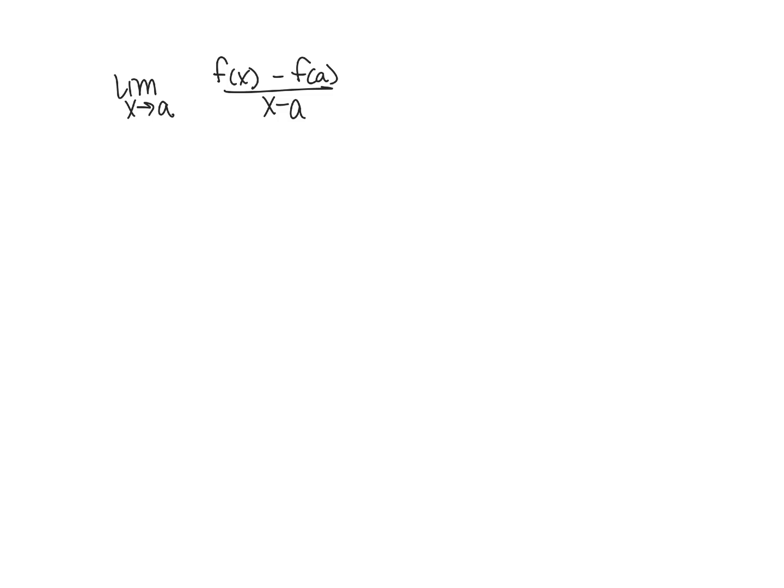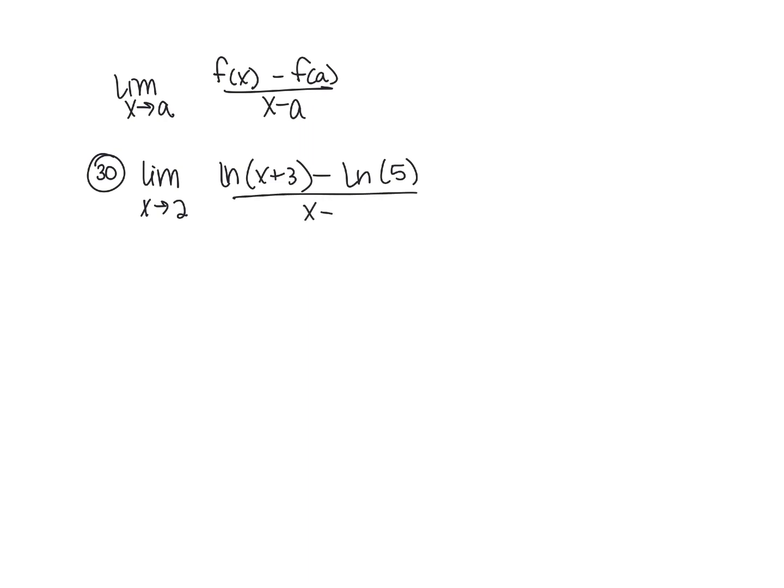So you had a question on the AP Classroom review, I think it was number 30, that says the limit as x approaches 2 of the natural log of x plus 3 minus the natural log of 5, over x minus 2. Okay, so let's talk about what this looks like.